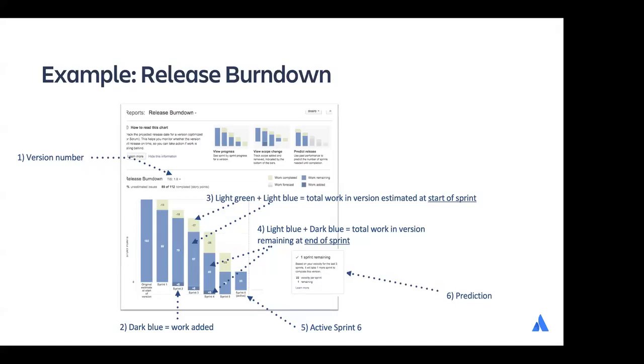Based on what you've been completing so far, it'll make an estimate of your average velocity for this release and tell you how many more sprints it might take to complete. So how it's making that prediction is, again, what is the velocity of completing work for this release, or for this epic in the case of the epic burndown.